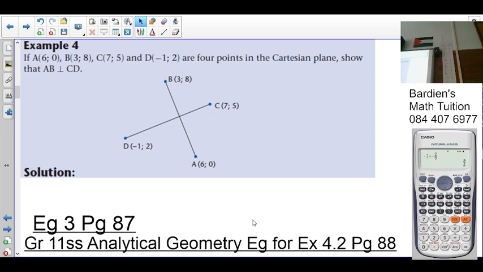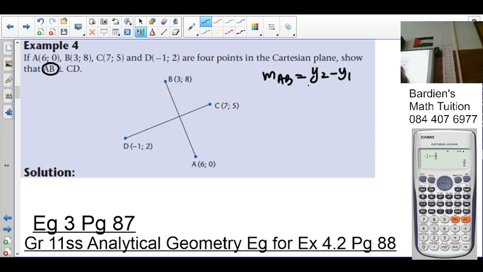Okay. So let's go. They want you to prove that AB is perpendicular. So where do we start? We start with working out the gradient of AB. How do you work out the gradient? Y2 minus y1 over x2 minus x1. So AB.